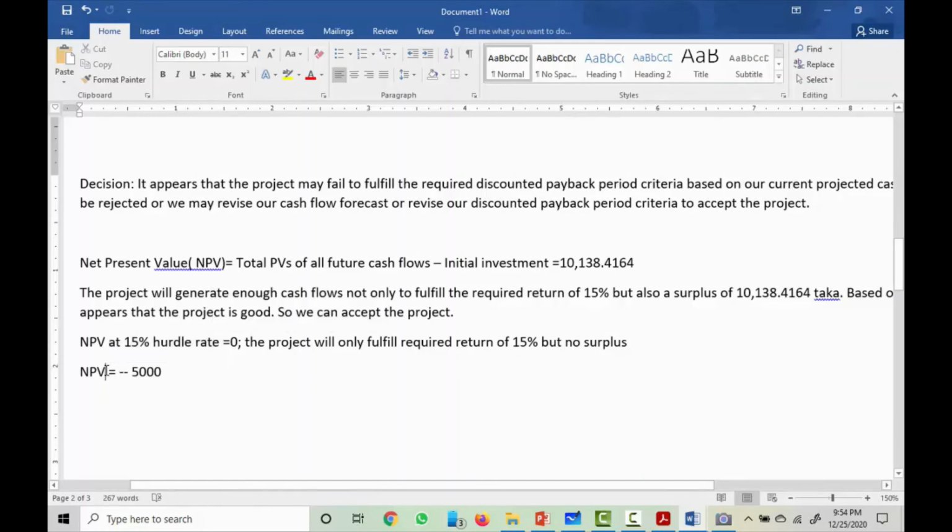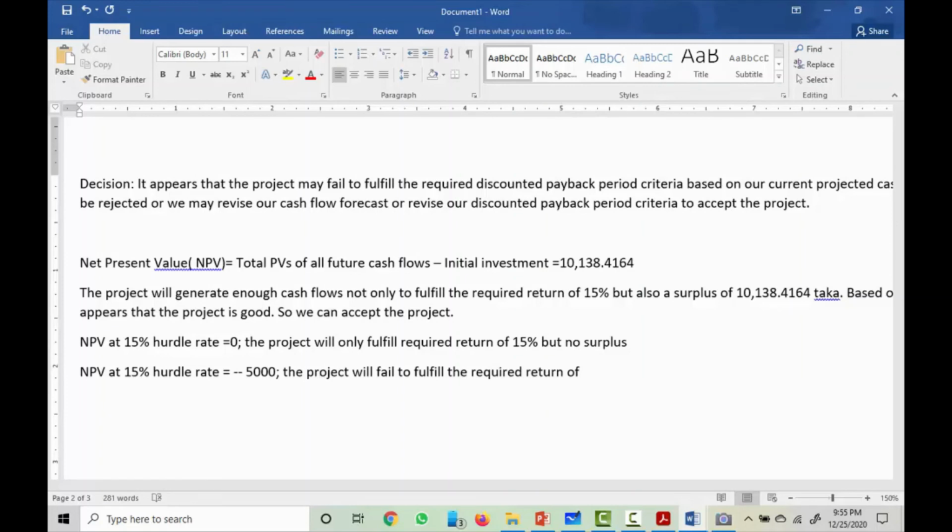If we calculate NPV at a 15% hurdle rate like before, and you get minus 5,000, what does it indicate? The project will fail to fulfill the required return of 15%. Obviously negative means we are in short. 15% is the hurdle rate here.